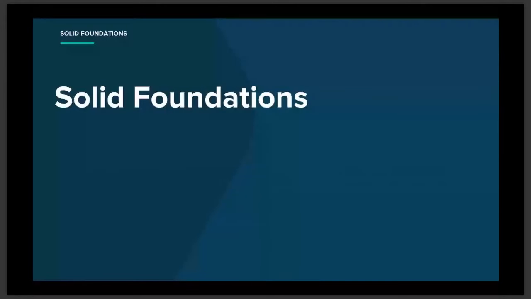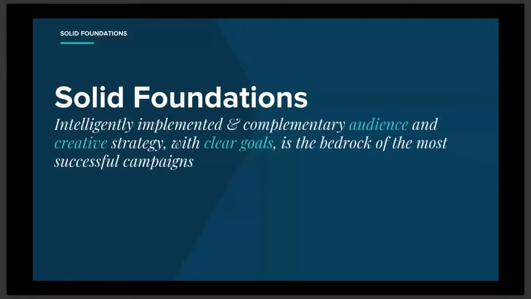In my view, the key to this is intelligently implemented and complementary audience and creative strategy with clear goals. This is clearly a more complex and layered issue than this, and I could go into a lot more detail here, but I'm going to focus on these three key areas to kick us off with, so audience, creative, and campaign goals.